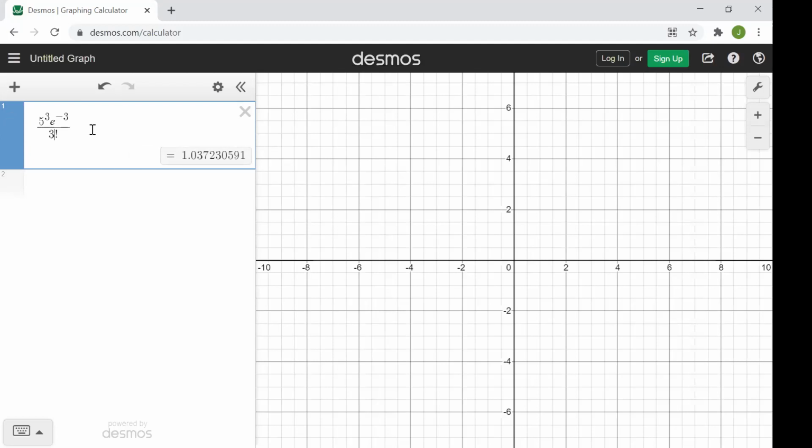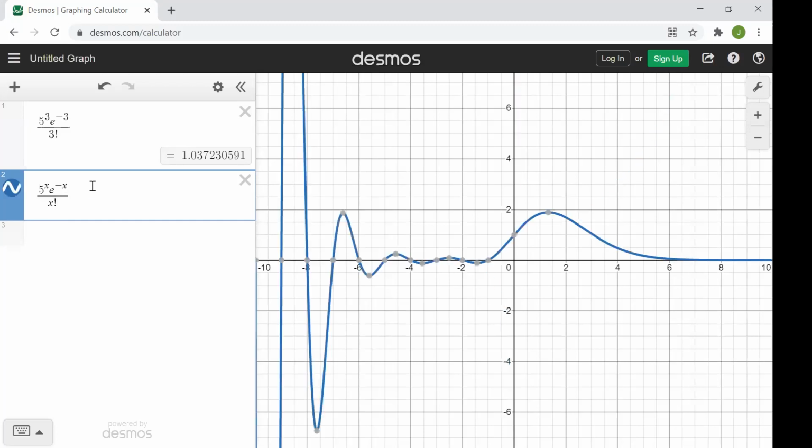So you might look at this yourself. That makes no sense. Here's what this means. There ain't going to be 3 cars in front of you. Because let's say we graph the Poisson distribution. Let's graph it for any value of x. Okay? So we had mu to the power of x. So 5 to the power of x times e to the power of negative x divided by x factorial.